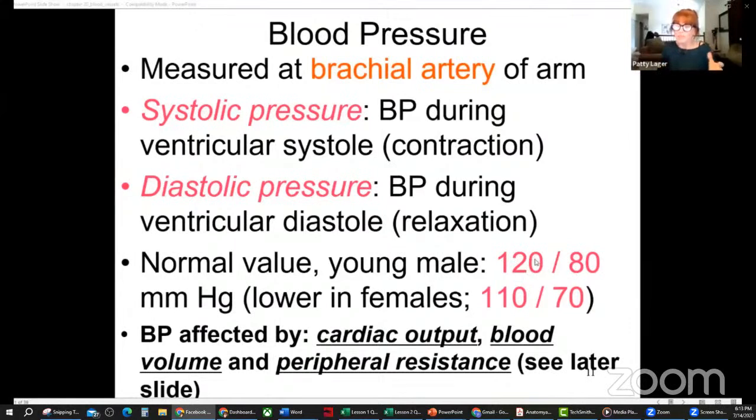In males, blood pressure tends to run a little bit higher; in females, a little bit lower, but that's not always the case. Sometimes you do have lower blood pressures in males as well, but you do see it higher because men have testosterone and other hormones that can build that pressure up a little bit higher. So 120/80, 110/70, those are the allopathic definitions.